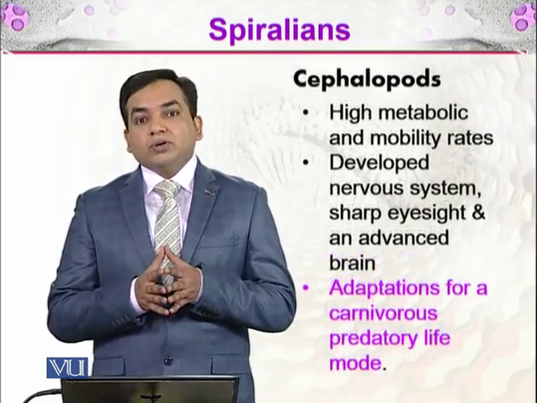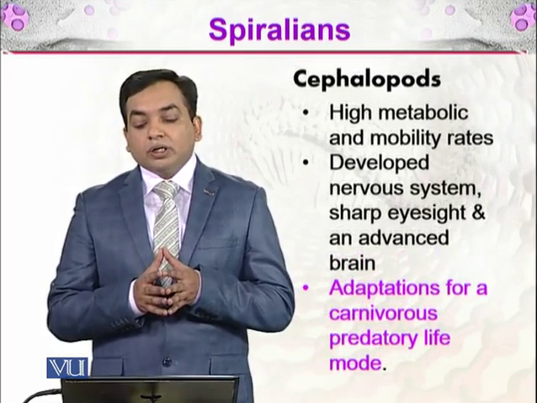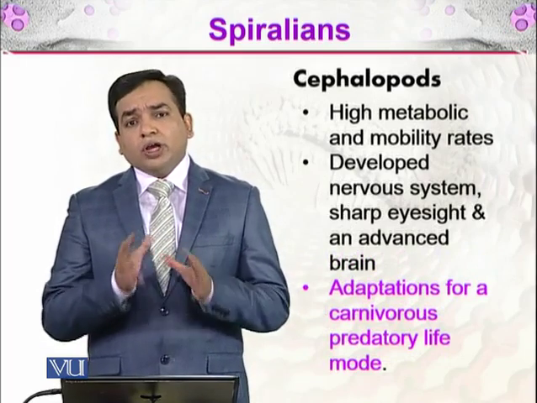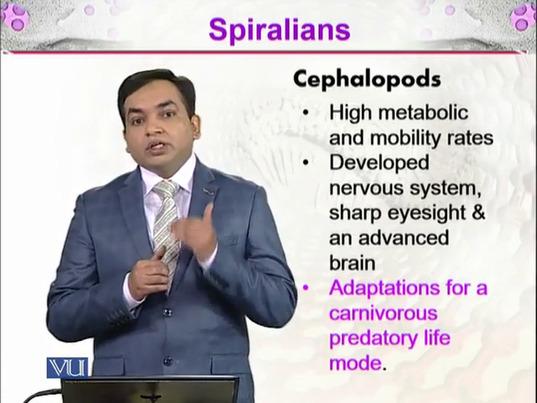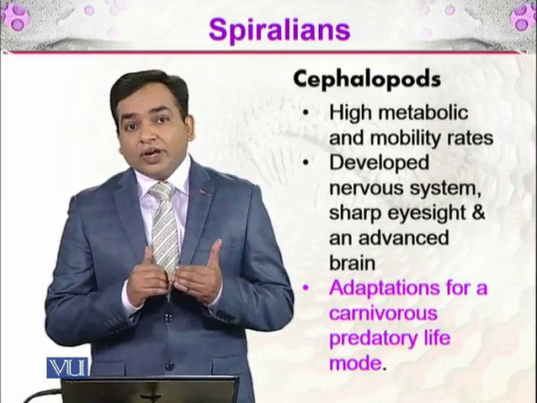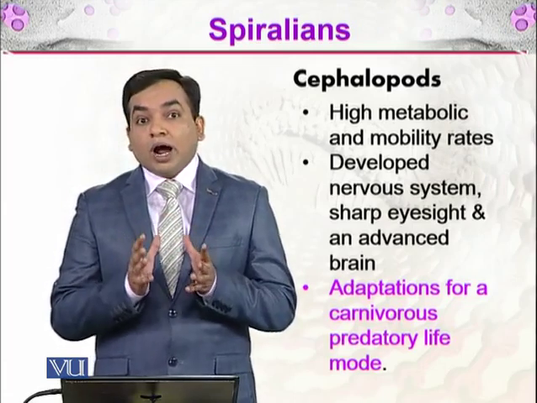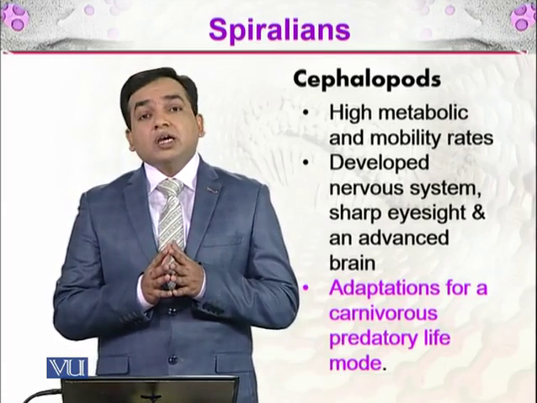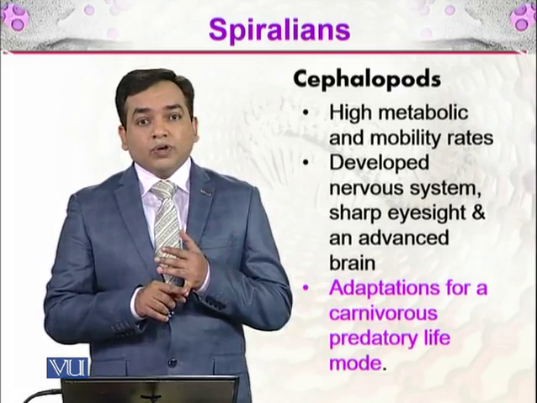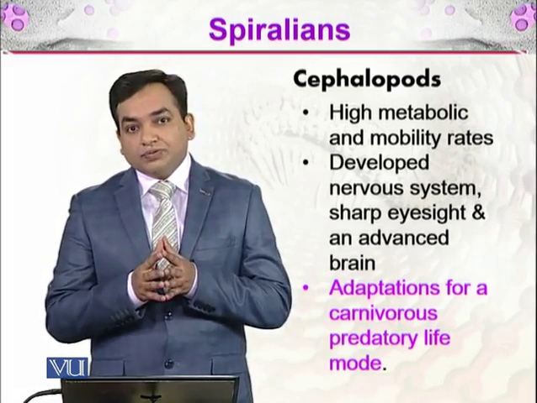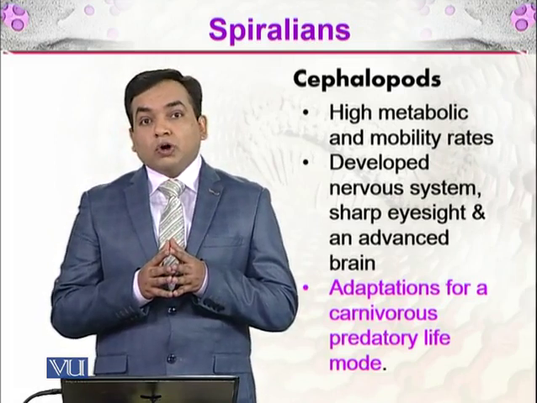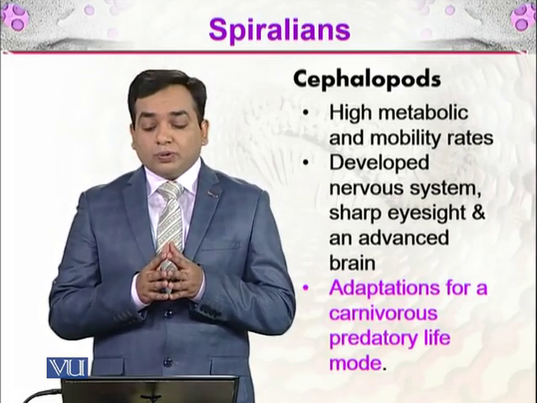These cephalopods have high metabolic and mobility rates. They are consuming energy at higher rates, and they have very high mobility rates. See a squid moving or an octopus moving, how rapidly it moves. Both of those organisms are related to the cephalopods.